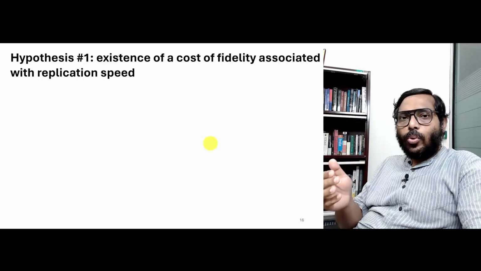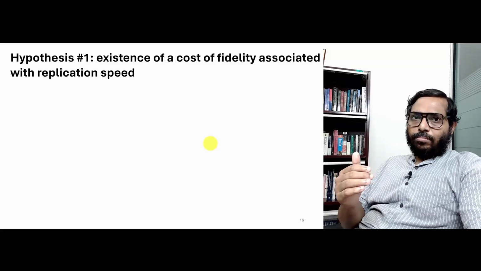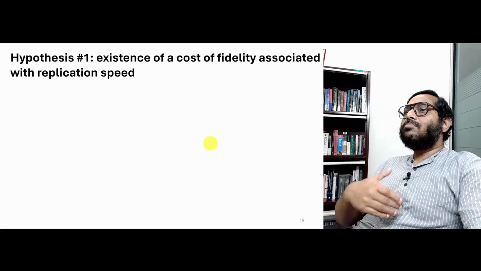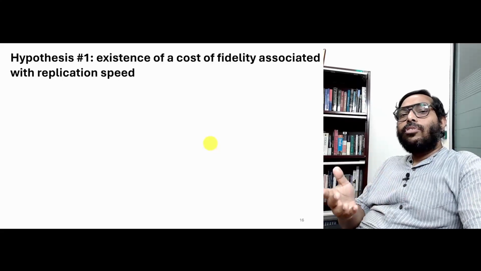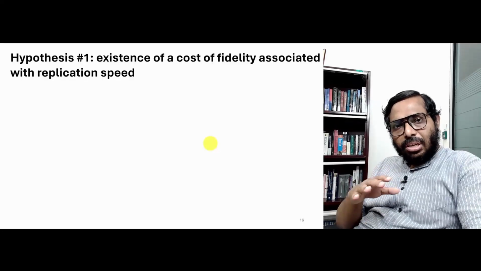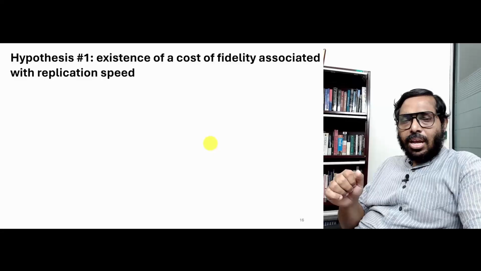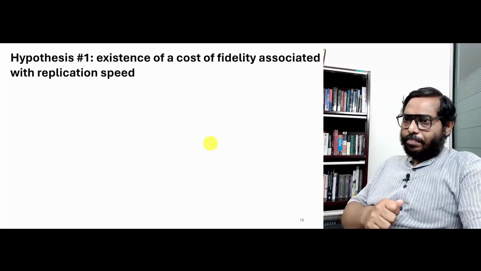In other words, that is going to negatively affect the replication speed, and therefore the entire variation that we see in mutation rates. So, different organisms replicate at different rates, and therefore they have different degrees of tolerance towards how much error correction they can do, and because of that you get that entire variation in mutation rate.